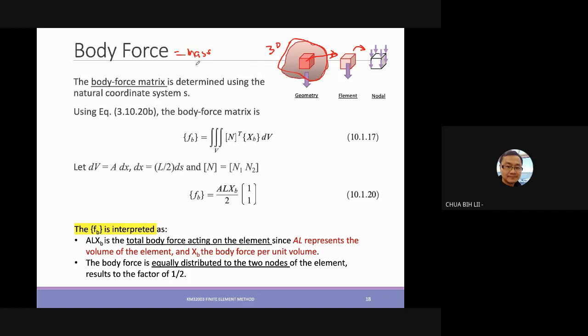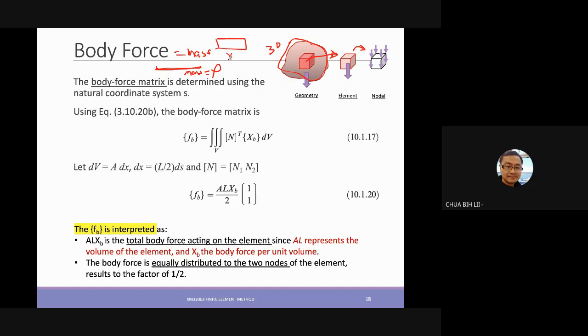But for sure, we will start again with the two-dimensional, just the two bar and so on. In this particular body force, again, it has a mass. Anything will have a mass. This mass can be defined by density, because you may already define the volume, then you have a density.